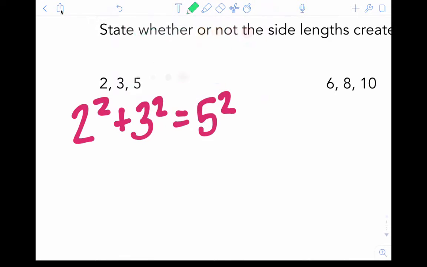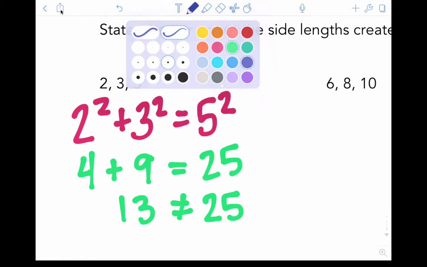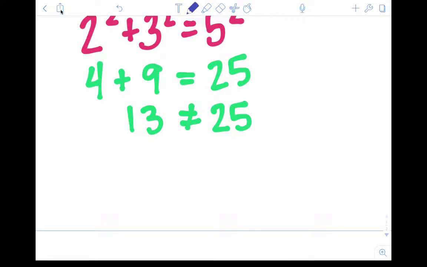And then we can work this out. 2 squared is 4, 3 squared is 9, 5 squared is 25, 4 plus 9 is 13, and that does not equal 25. So this is not a right triangle.